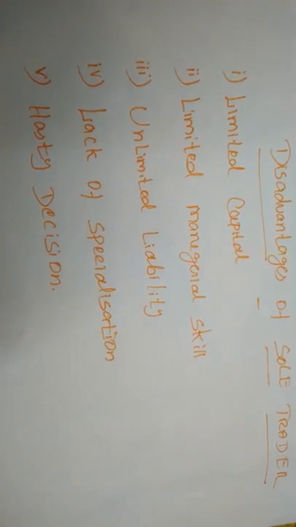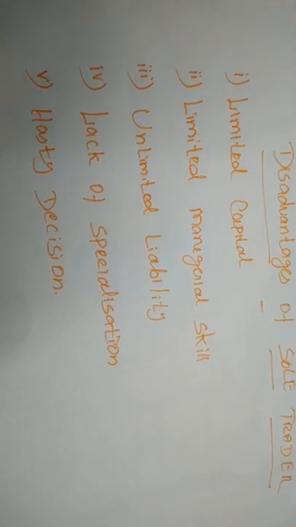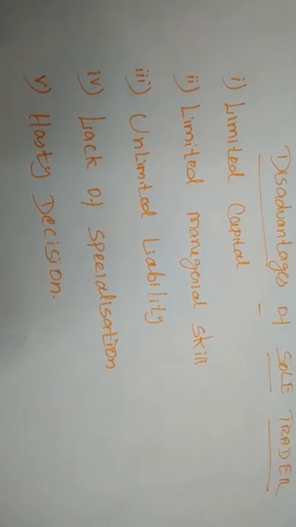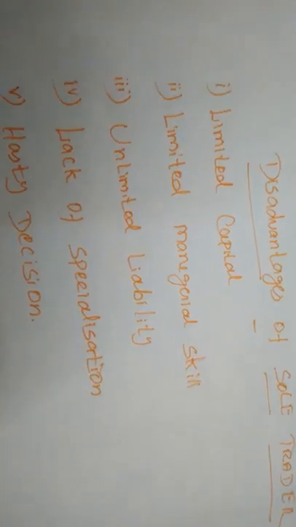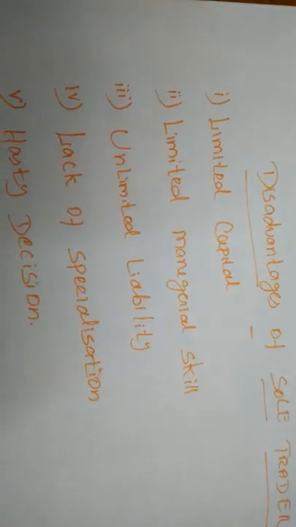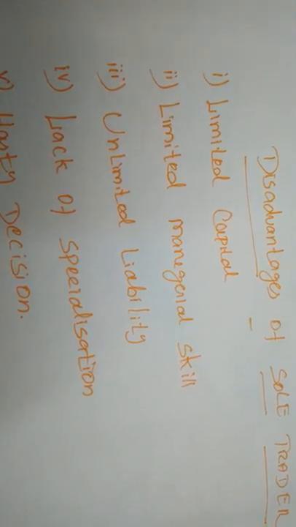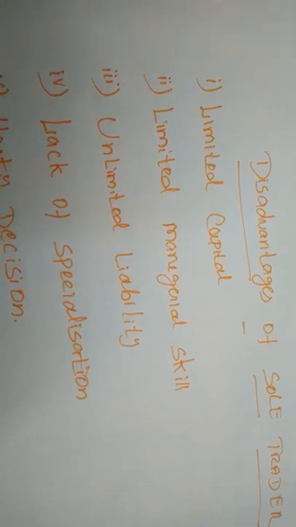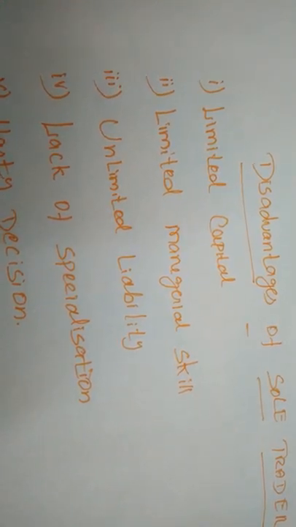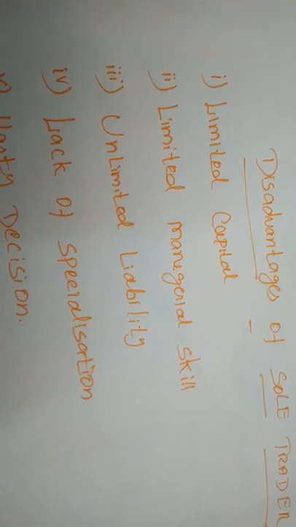Next, limited managerial skill. A single person's intelligence and experience may not help him beyond a certain stage. In partnership organizations, different types of people have different lines of skills. Some persons may have managerial skill, some will work hard, and some will be in the marketing field.